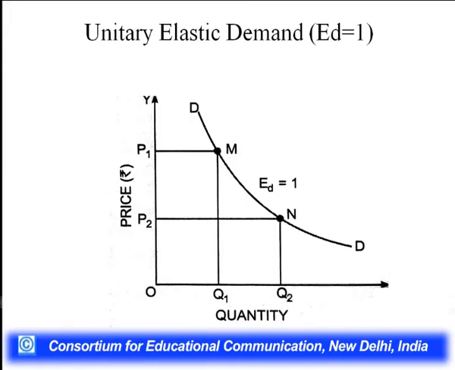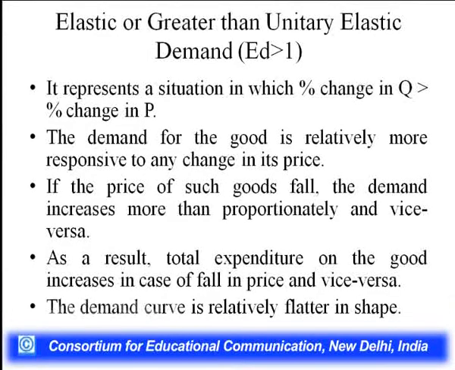Here we can see that the area OPMQ1 and the area OP2NQ2 are the same. So, both these areas show the same dimension, which means that either in case of increase or decrease in prices, the total expenditure remains the same. Therefore, because total expenditure is price of the commodity multiplied by quantity consumed, and since the total expenditure in both the cases remains the same, it is indicative of the fact that it shows the unit elasticity of demand.